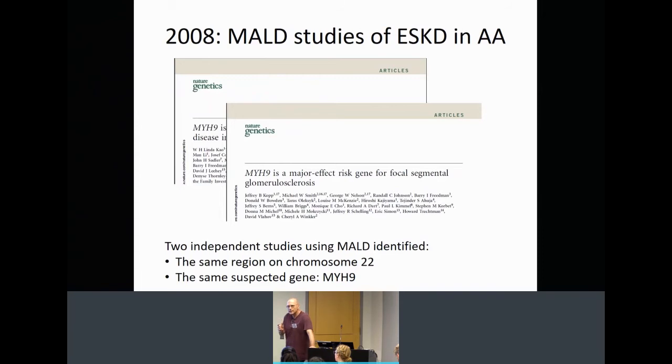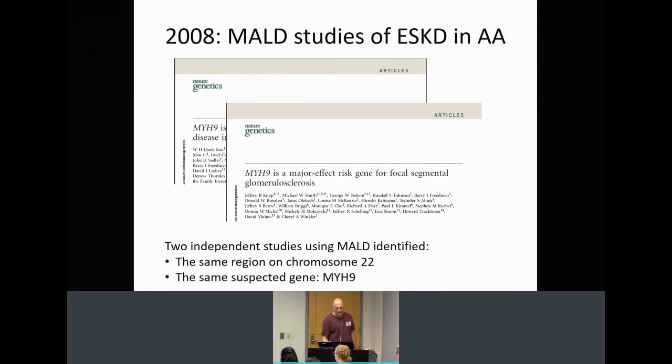The conclusion was trying to find the region in the genome where the genetic basis of this difference lies, right? And they both found the same region in the genome, on chromosome 22, and they also both had a suspected gene, and the gene name was MYH9.